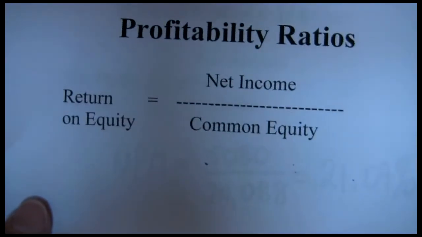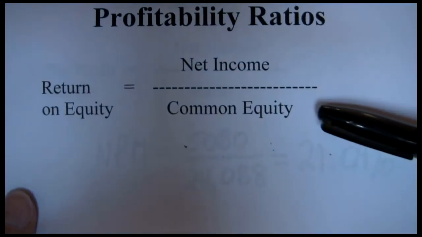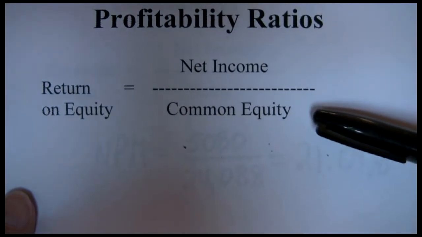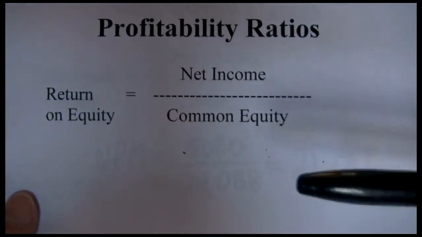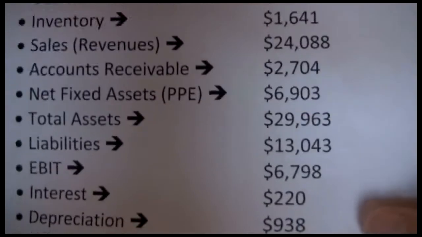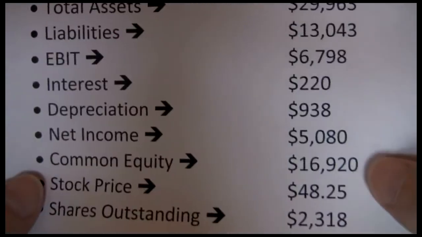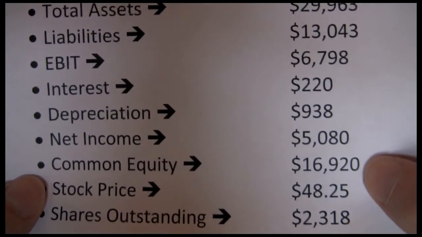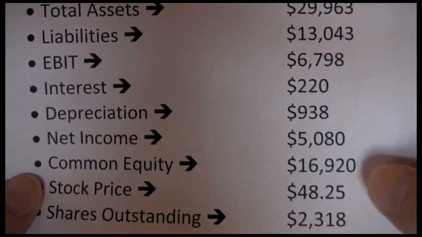And lastly, return on equity. Here, instead of dividing net income by sales or assets, we're using common equity, which represents the investment made by the stockholders, how much capital that they have supplied the company. Net income again, 5,080, our stockholders' equity. This is taken from the balance sheet, the money supplied by common stockholders, 16,920.